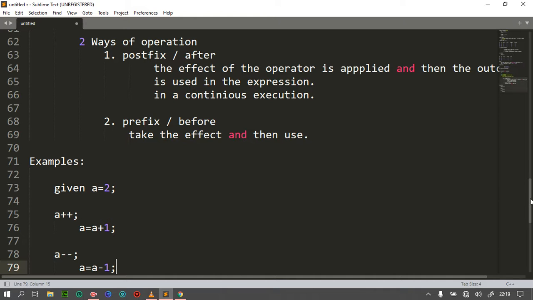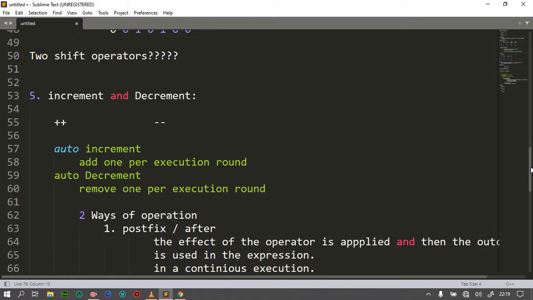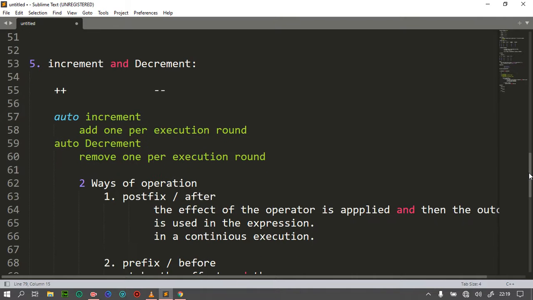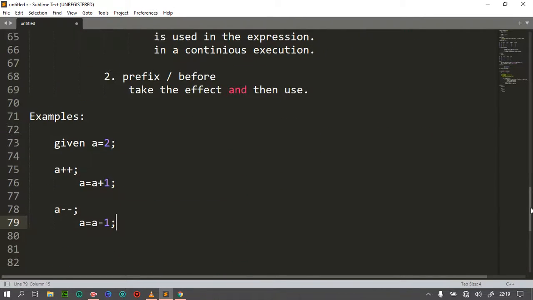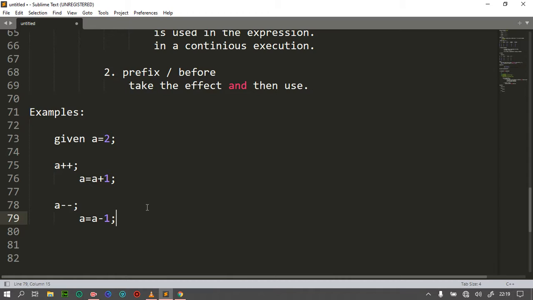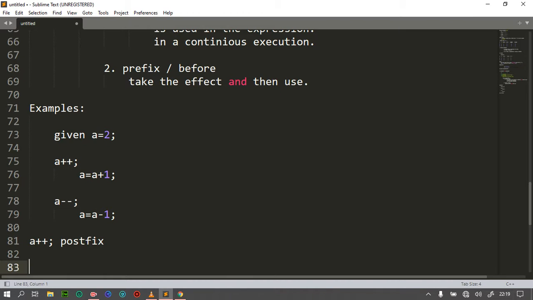So that is why up here I said add 1 per execution round or remove 1 per execution round. Altogether. So again, in the understanding, if I say a plus plus, this is post. Then if I say plus plus a, then this is prefix.